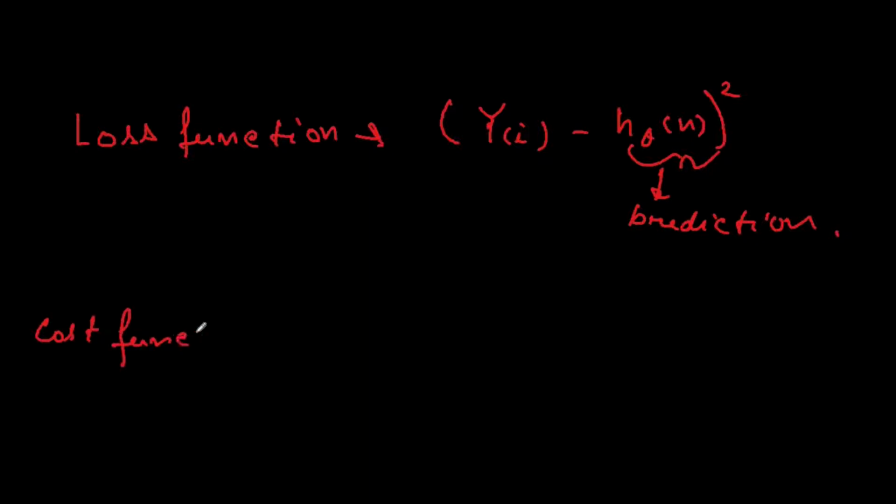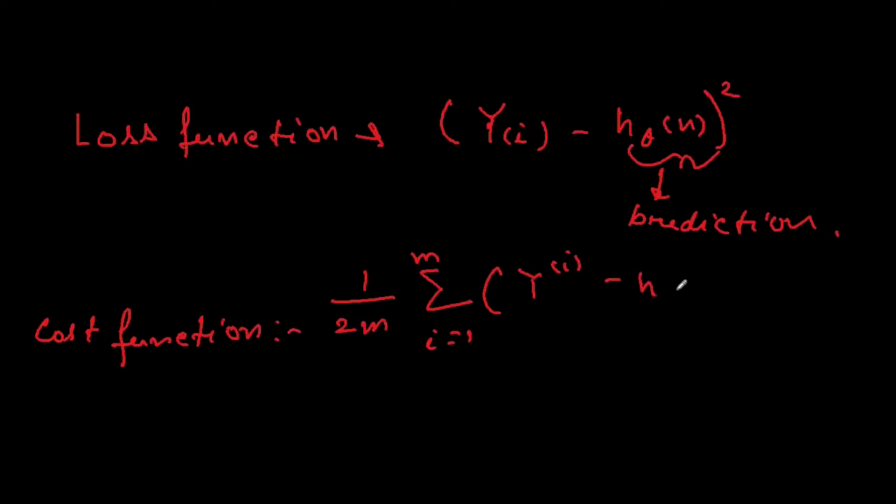Now when we extend this to the entire data set, we get the cost function, which is basically equal to 1 over 2m sigma i equals 1 to m, y i minus h theta of x i whole square, right?